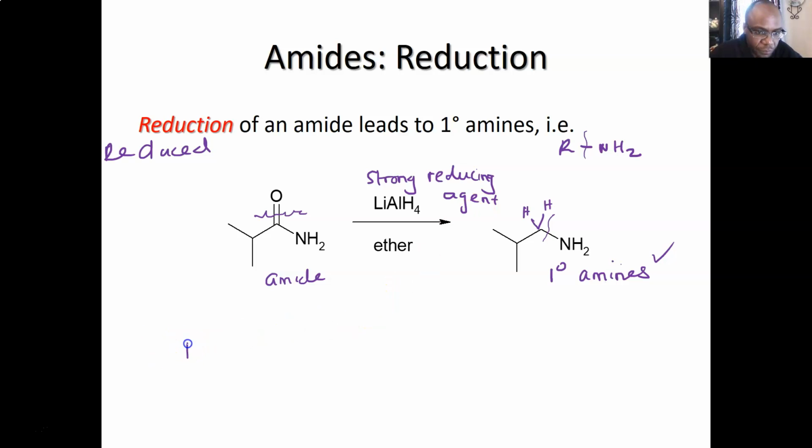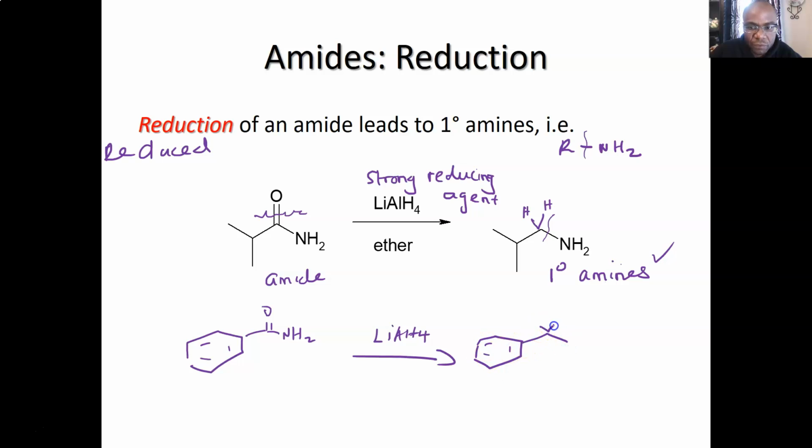So if you have benzamide and you do lithium aluminum hydride, you'll expect that where the oxygen was, two hydrogens will be put on there to keep the four bonds around the carbon. That's still a primary amine. Okay, so what if you have this amide?